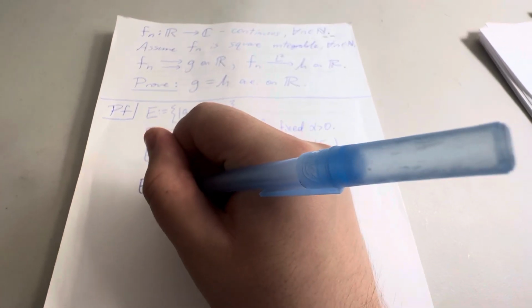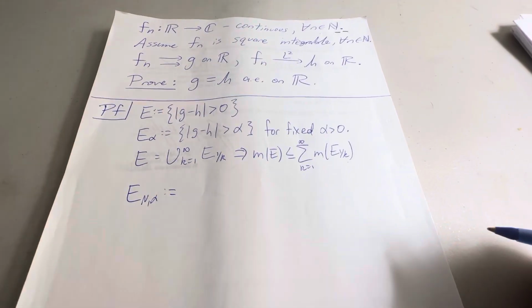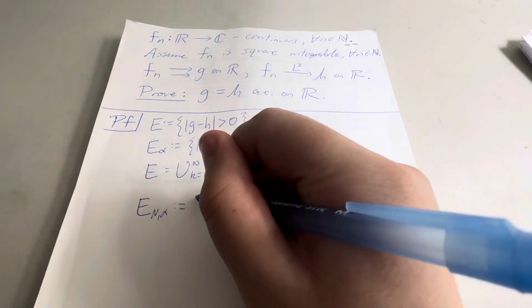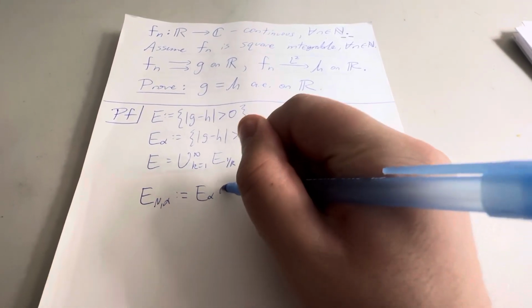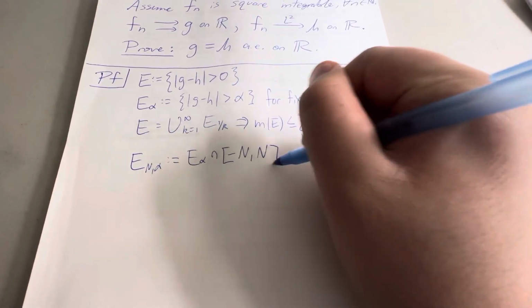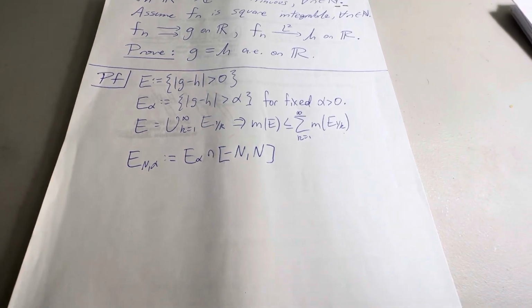What we want to do is define a new set. There are a lot of sets here, called E sub n alpha, to be E alpha intersected with the interval from negative n to n, where n is any real number, but it can be an integer, it doesn't matter.